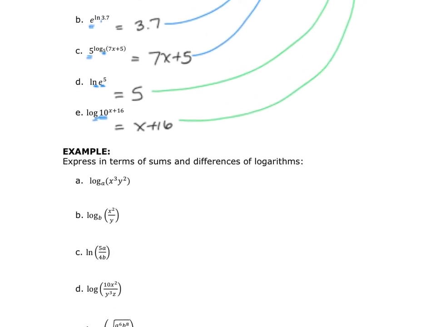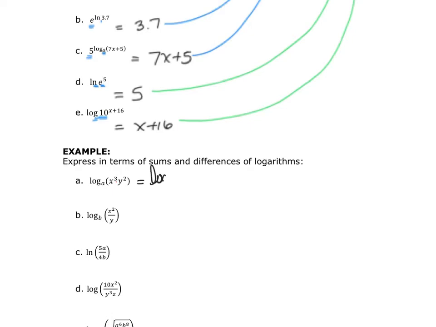If I'm asked to break this apart with the sums and differences and everything else, then I need to look to see what's going on between each one of my factors, if they're factors or if they are terms. And I know they're factors because I have multiplication going on between them. Because I have multiplication going on between them, I'm going to break this up with the product rule.